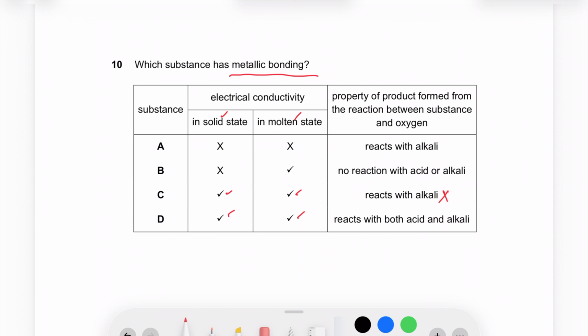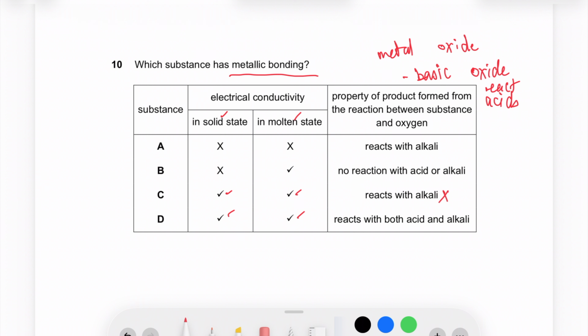This one, because metal oxides, if you still remember your oxide families, metal oxides are basic oxides. This means they can only react with acids.